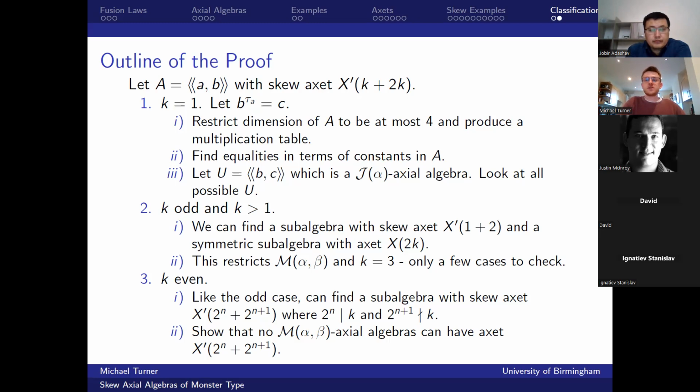The second bit was to use something called Serre's lemma. For certain fusion laws, we can say when elements associate with each other, and that was proven by Serre. With that, I was able to produce some equations with constants, so alpha and beta pop up, but also some constants concerning something called a projection map.